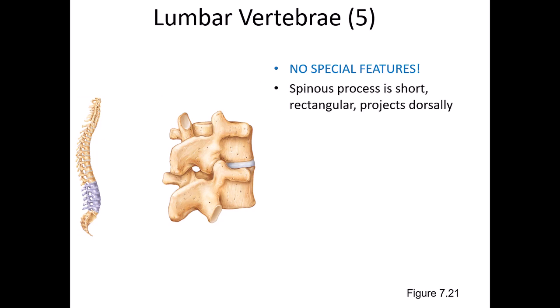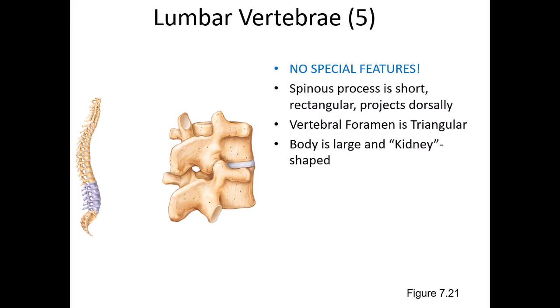Its spinous process is short, square, and directly dorsal in its projection. The vertebral foramen goes back to that triangular shape, like we saw in the cervical region. The body is very large and often described as kidney-shaped, but again, I don't use those shape descriptions.